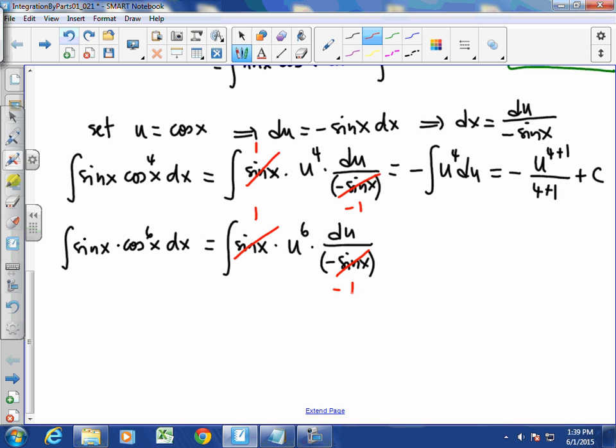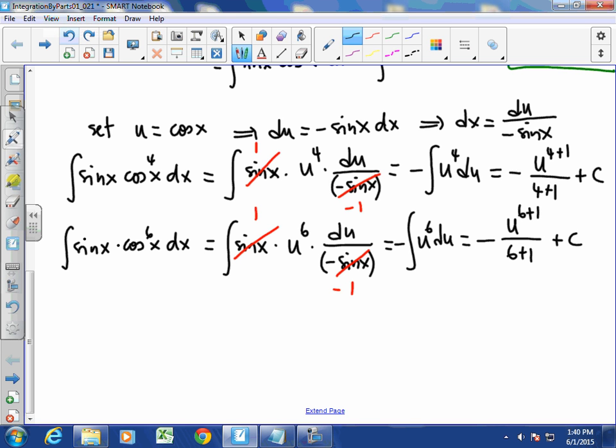And here you get negative 1. In other words, we get negative integral of u to the 6 du. And what is that? Negative u to the 6 plus 1 over 6 plus 1, plus constant.